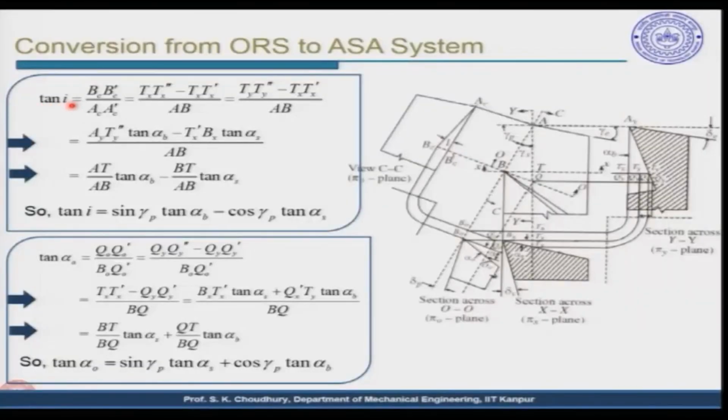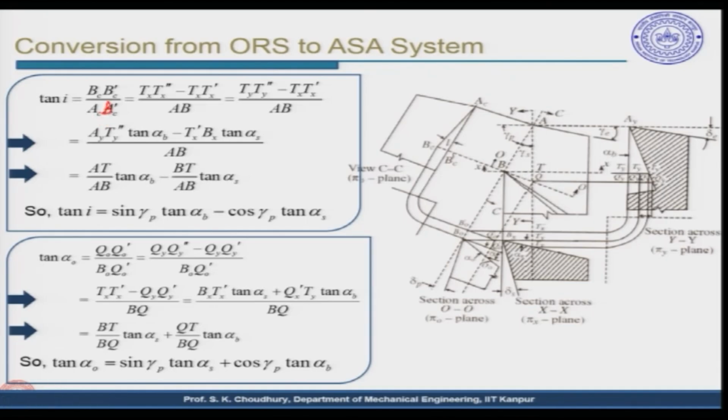Let us see tan I in this view, tan of this angle, this is BC prime divided by AC, and the AC prime, sorry, AC and the AC prime. So, it is given in here. This is somehow AC and the BC prime, please correct it, this is the BC prime.